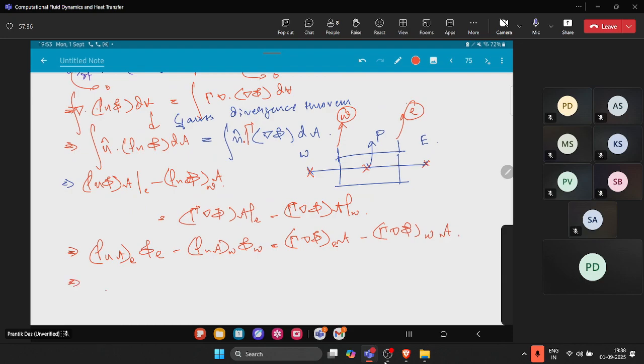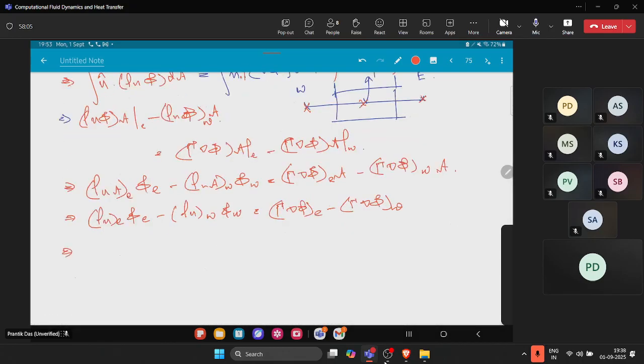So then I can write rho A, or I can cancel the area from both sides. If I cancel the area, it becomes a flux term: rho UE phi E minus rho UW phi W equals gamma grad phi east minus gamma grad phi west.